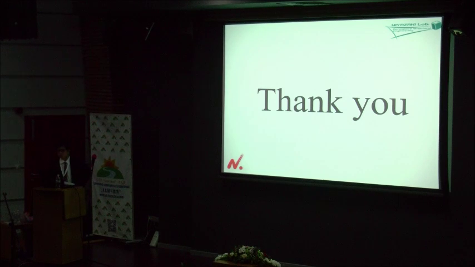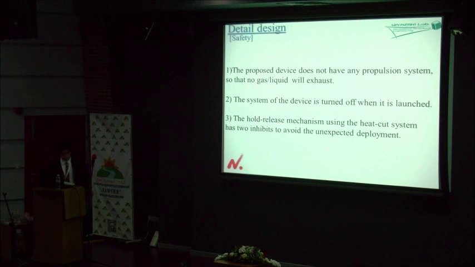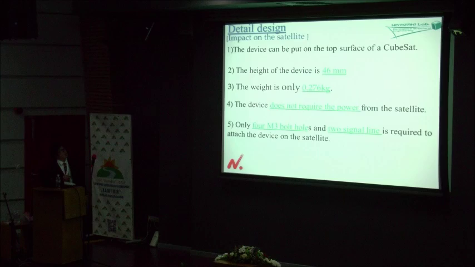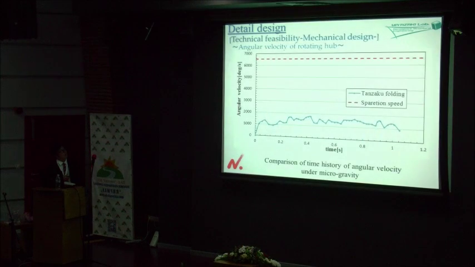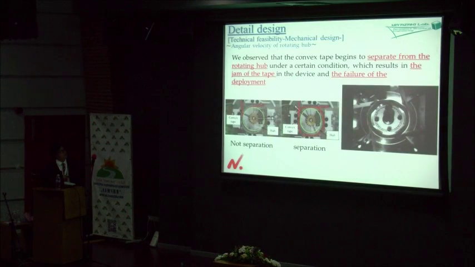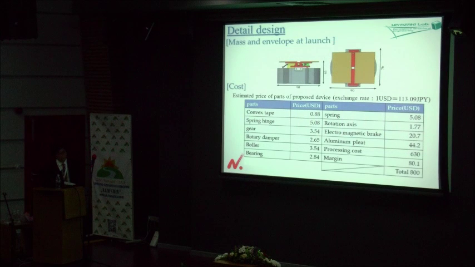What is the effective area of your deployed system? I didn't see it in your slides. Once it's opened, your sail, how big is it? What is the area in square meters? One membrane is 0.3 square meters.